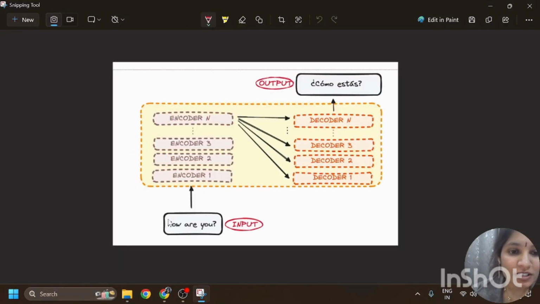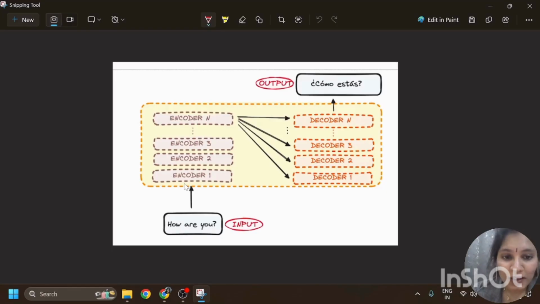Here you can see, as I already said, that we have encoders and decoders. In the original architecture there are 6 encoders and 6 decoders, but we can replicate as many as we want.